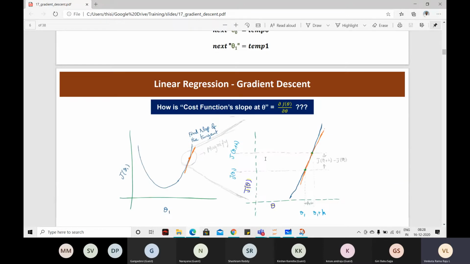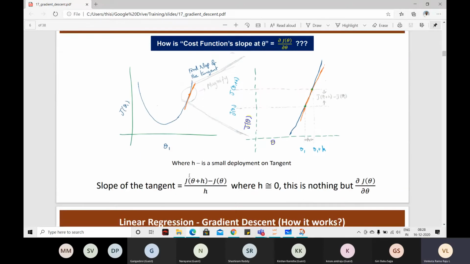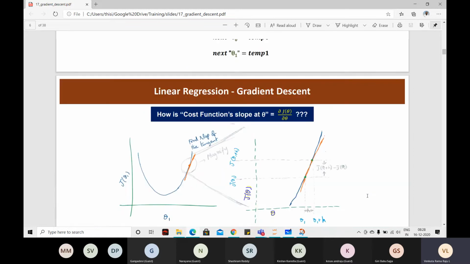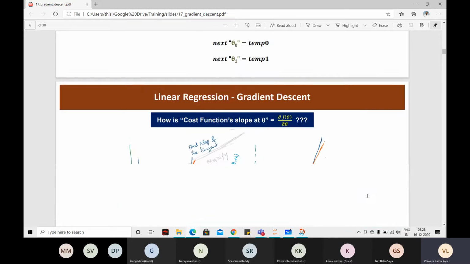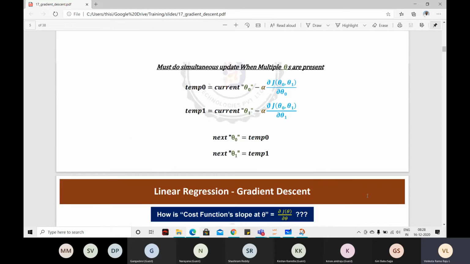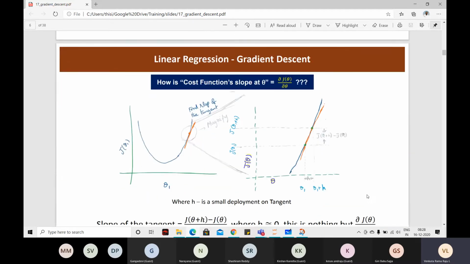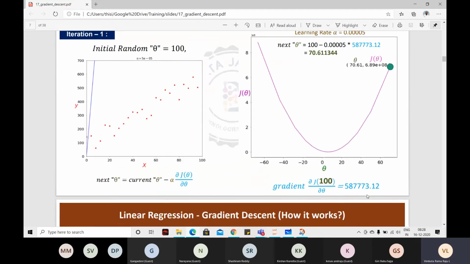Why? This is the proof. This formula actually is the derivative of the cost function with respect to theta. So now you understood what the gradient descent algorithm is, how it is working, what the formulas are, why those formulas, why the derivatives and all that. Any questions so far?